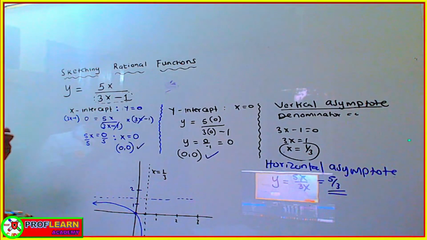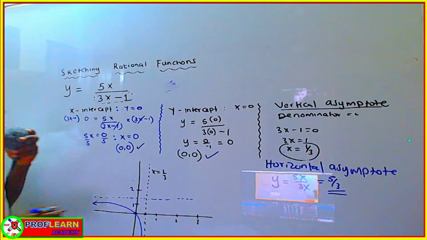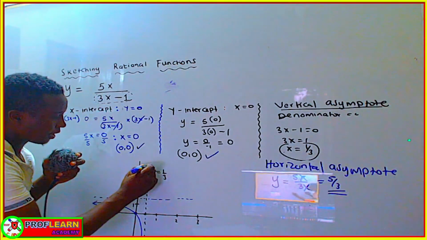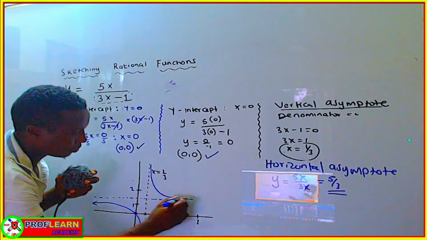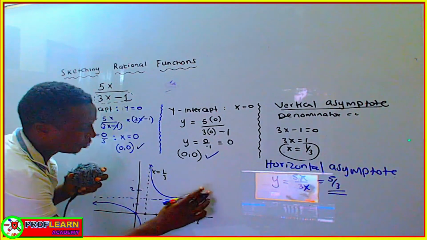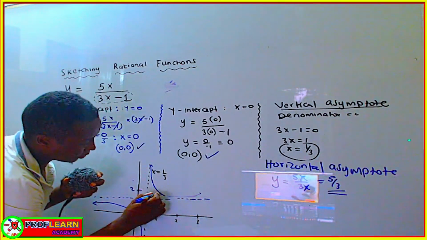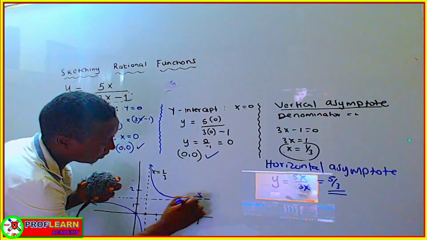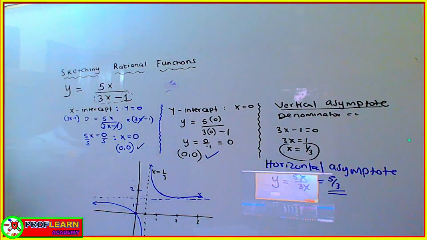And on the other end, this graph is also going to go that way. The graph will approach the asymptote, but it will never touch that particular asymptote, and that's exactly what we are going to have.